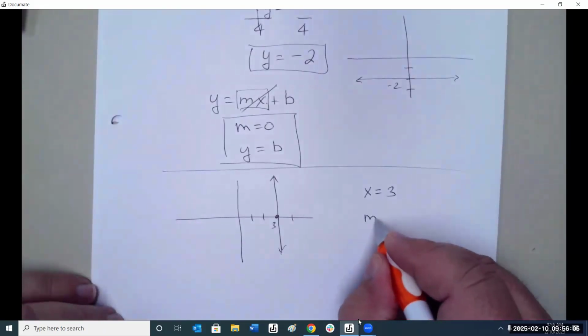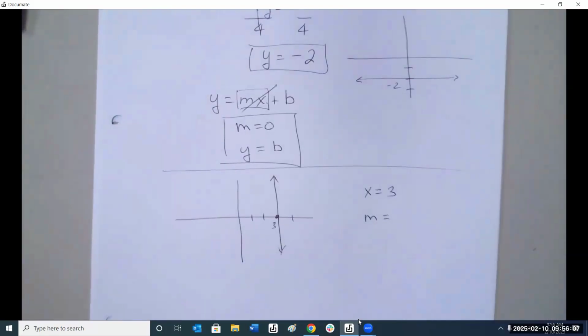What's my slope here? Well, it's both. Yes, it's undefined, infinity. Why is it undefined? Stacking on top of each other.